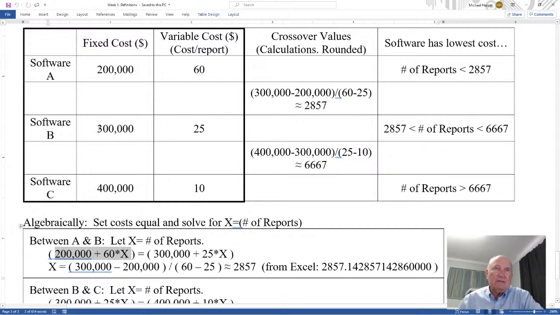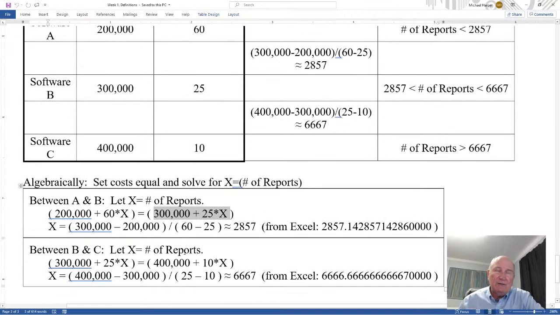For software B, it's 300,000 plus 25X. So that's the cost of software B. And then I just solve for X, a little bit of algebra. So it's 300,000 minus 200,000, divided by 60 minus 25, and there's where that equation comes from.